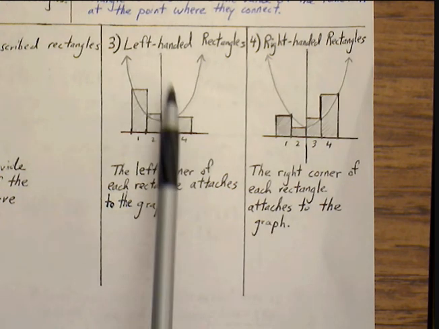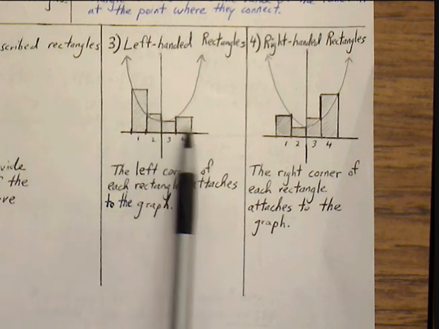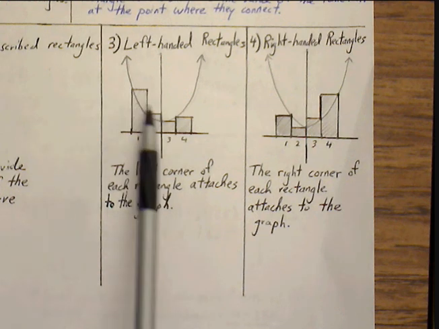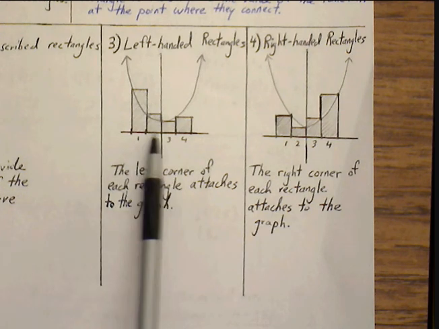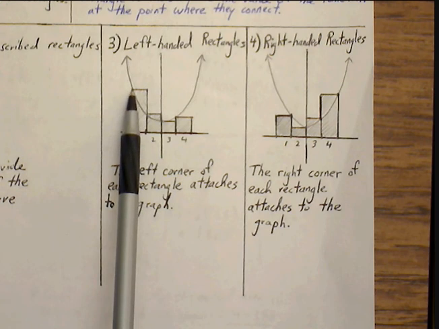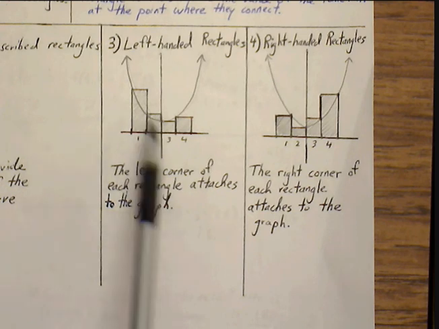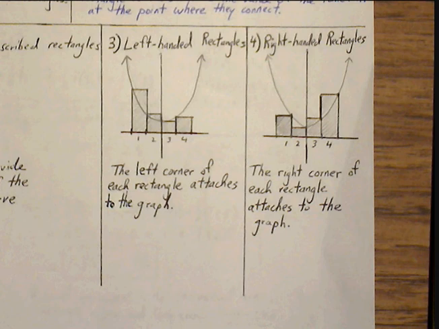Left-handed rectangles are where we draw a given number of rectangles, and we're not concerned about whether these rectangles are above or below the curve; we just want to make sure that for each rectangle the upper left corner is connected to the graph. So for the first rectangle, upper left corner; for the second rectangle, upper left; third, upper left; and fourth, upper left. So the upper left corner of each rectangle is attached to the graph.